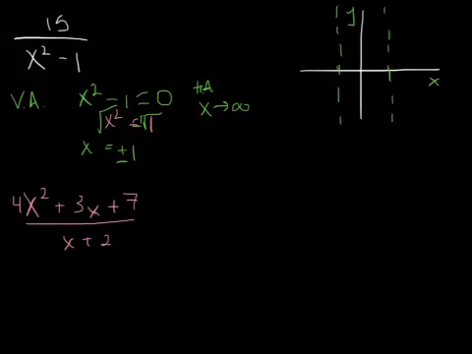Our function, I'll just define this as f of x. So as x approaches infinity, f of x is going to get closer and closer to 0, because 15 over infinity is 0. It's going to get really, really close to 0. And so we have another horizontal asymptote here.